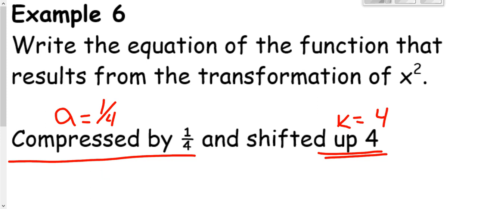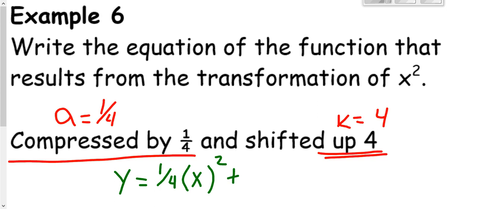So I'm going to start with my y equals. I'm going to start with my a value of 1/4. Open my parentheses. Do I have an h value? Nope. But I do have a k value. So if my k value is positive 4, do I need a plus 4 or minus 4?